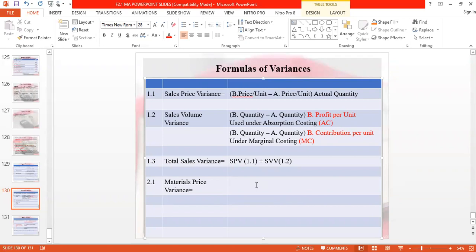Materials price variance is equal to budgeted price per kg, or the unit of measurement of materials, minus actual price per kg times actual quantity in kgs.